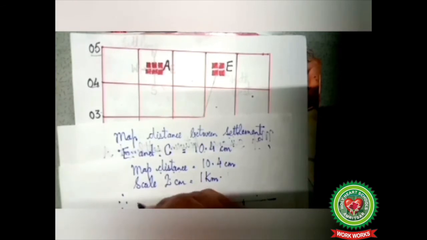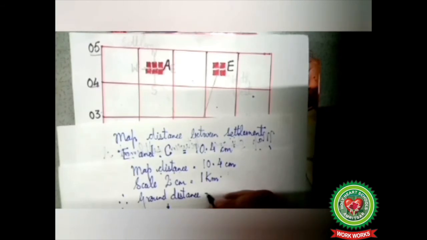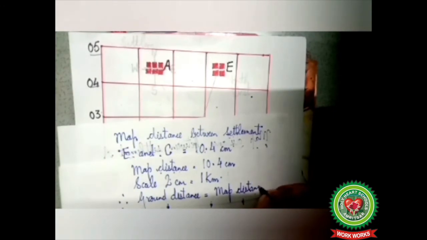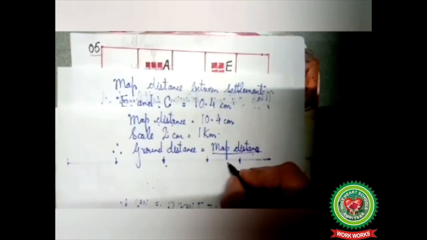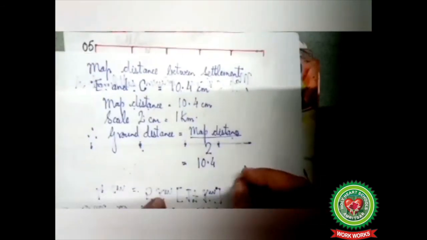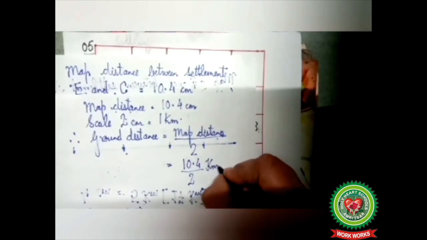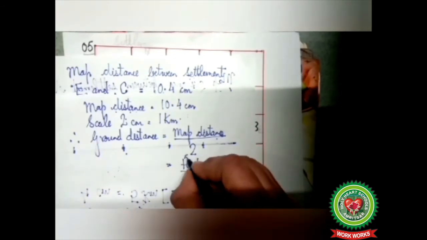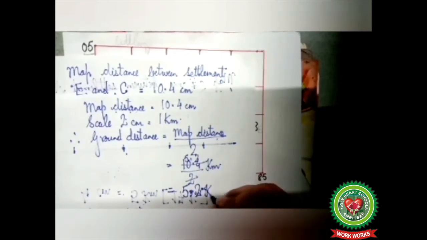Therefore, ground distance is equal to map distance upon 2, that is 10.4 upon 2. Now I'll write down the unit here, kilometer. Let us cut it. Now we'll get the answer 5.2 kilometer.